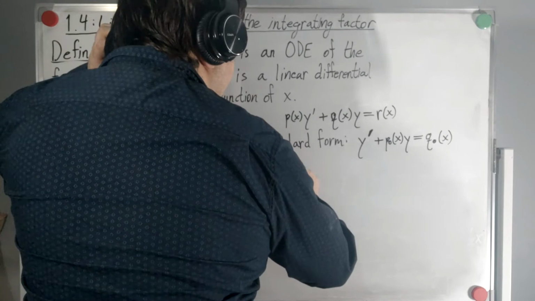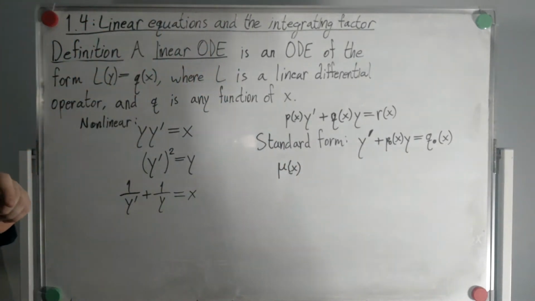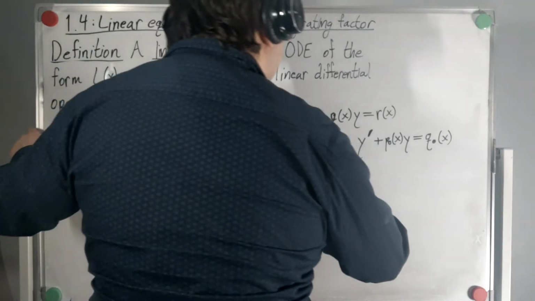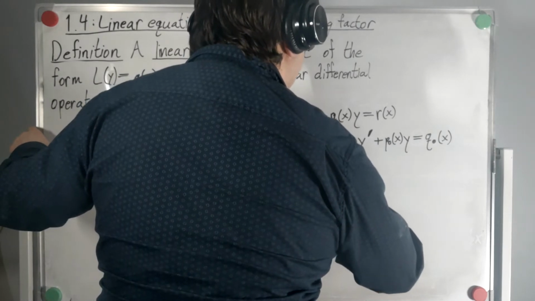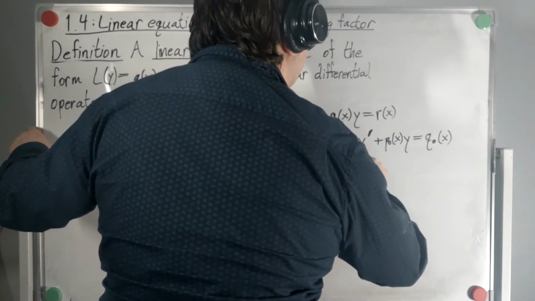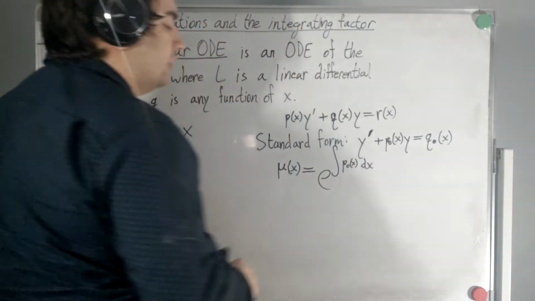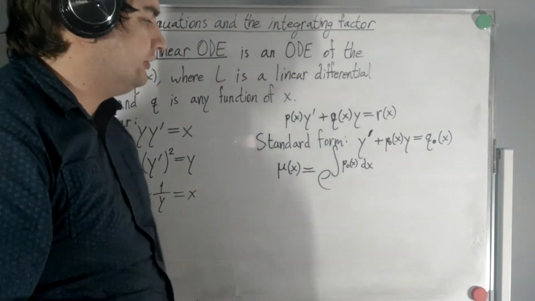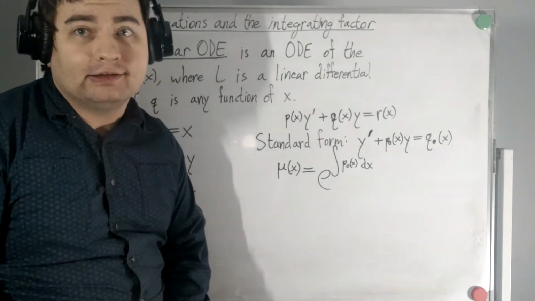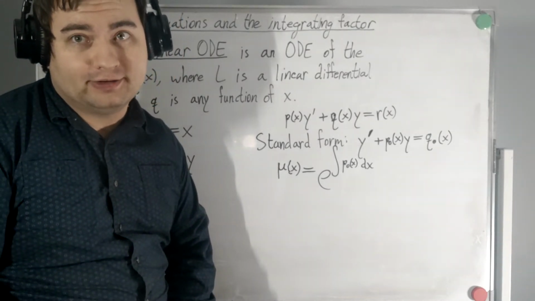So let's call it mu. Mu of x is defined as e raised to the integral of p0 of x. Well, I say e raised to the integral. What I really mean is e raised to any antiderivative of p0 of x.